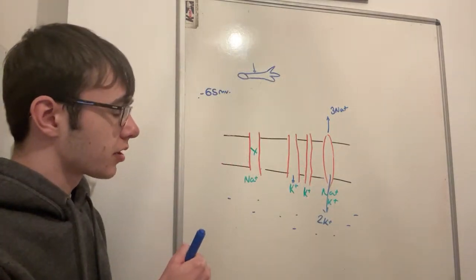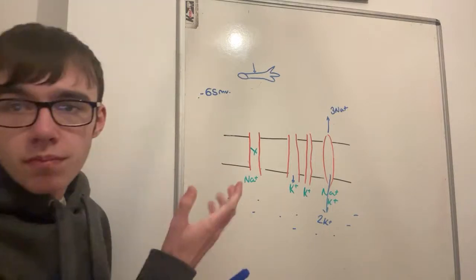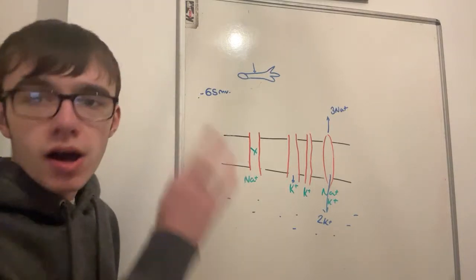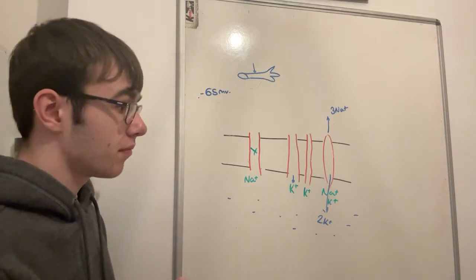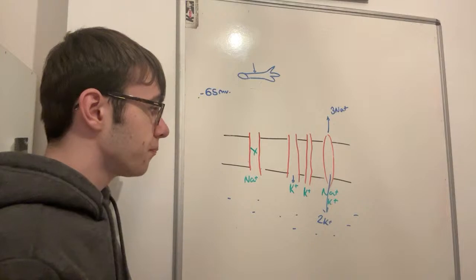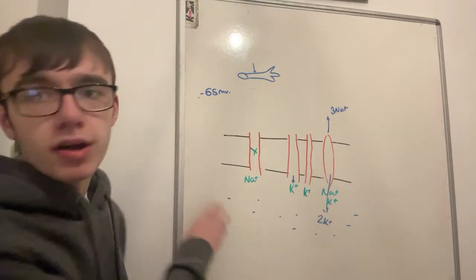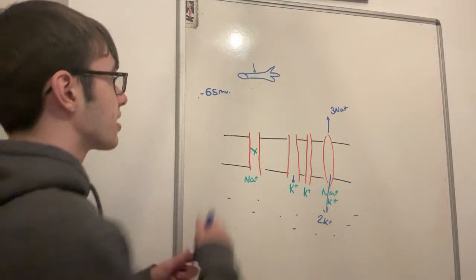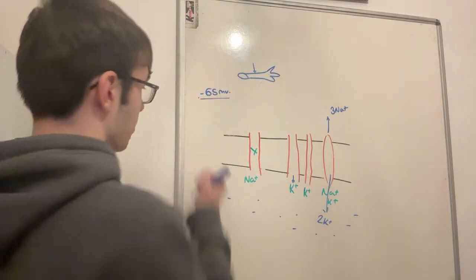The potassium ion channels are going to be leaking potassium. That's all you need to write, basically. And then sodium, the Na channels, are going to be closed. So again, this maintains a negative millivoltage.